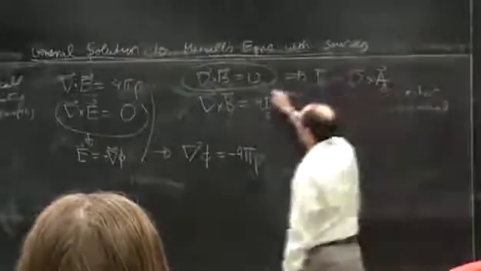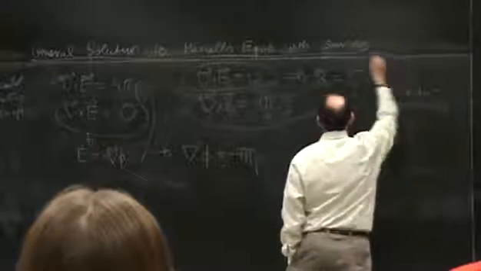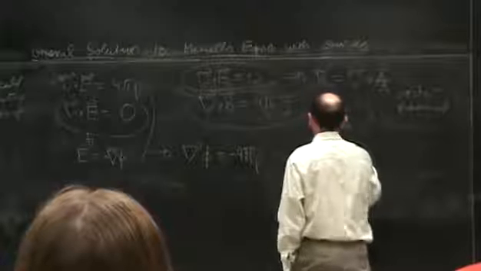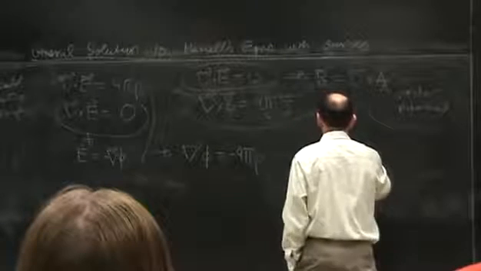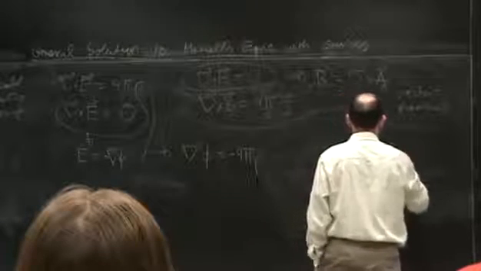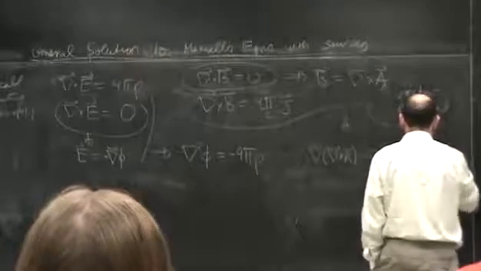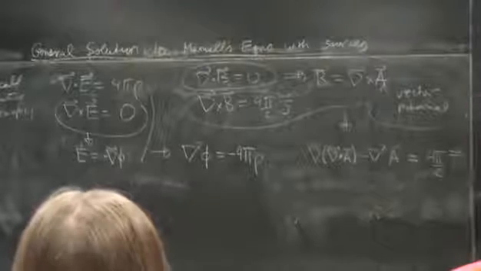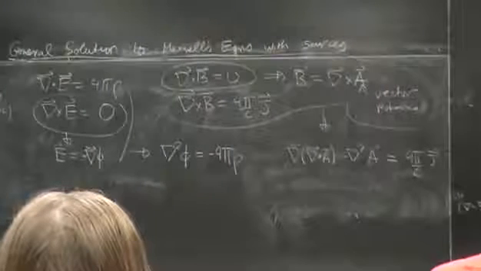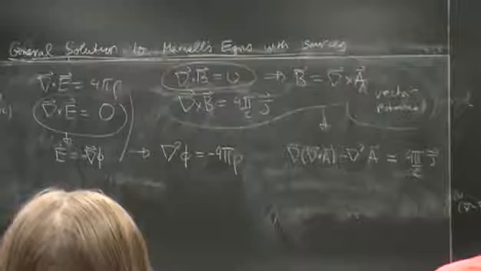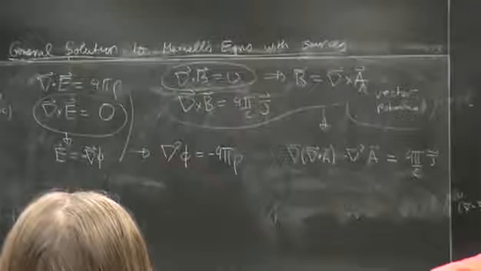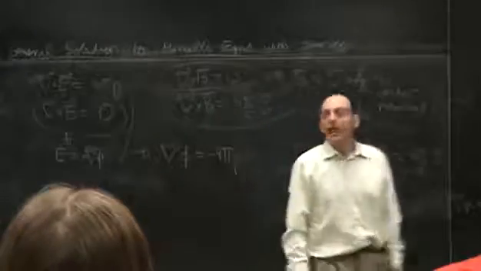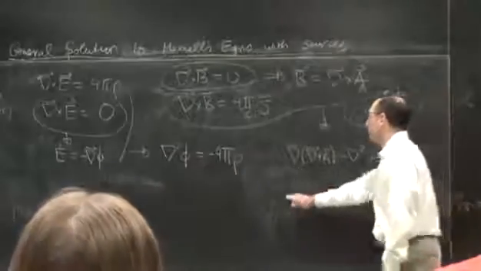And the combination of these two equations together told us that the gradient of the divergence of A minus the Laplacian of A was equal to 4 pi over c j. And then we solve for the potentials. And then once we have the potentials, then we can find the fields by taking the appropriate derivatives.